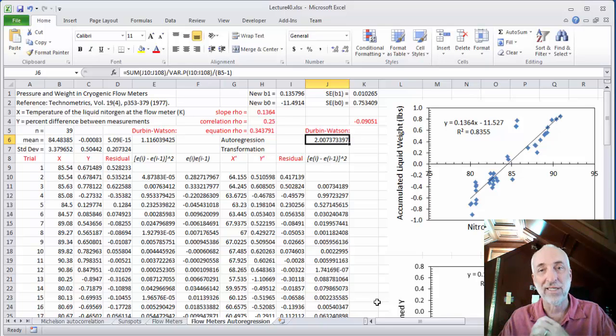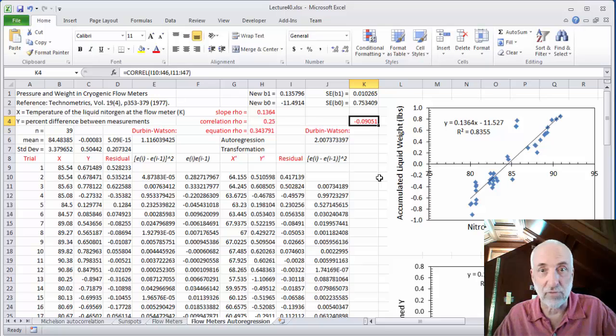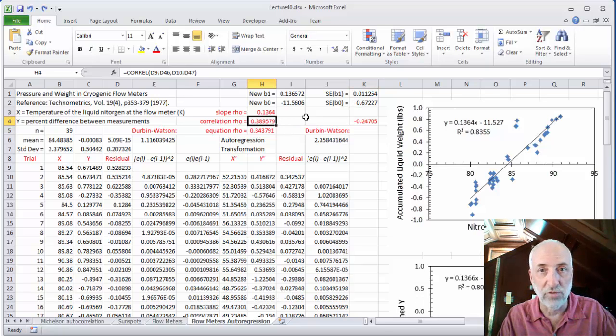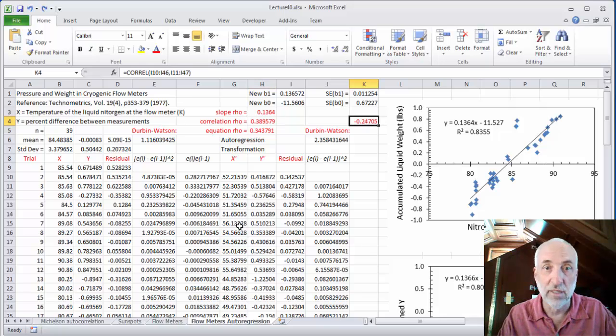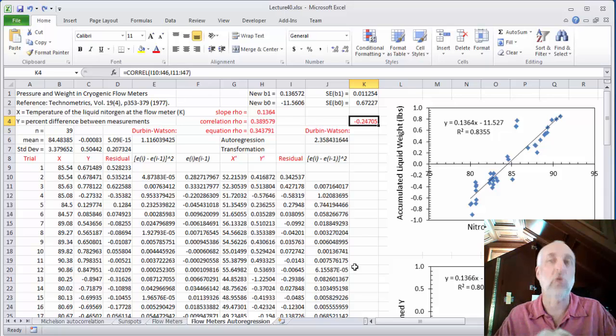This is the value of rho that gives me exactly perfectly uncorrelated final residuals. In fact, if I look at the correlation of these new residuals, you see it's almost exactly 0. Whereas before, when I was using 0.39, the correlation of my residuals with a lag of 1 is in fact minus 0.25. That is, I introduced some negative correlation.